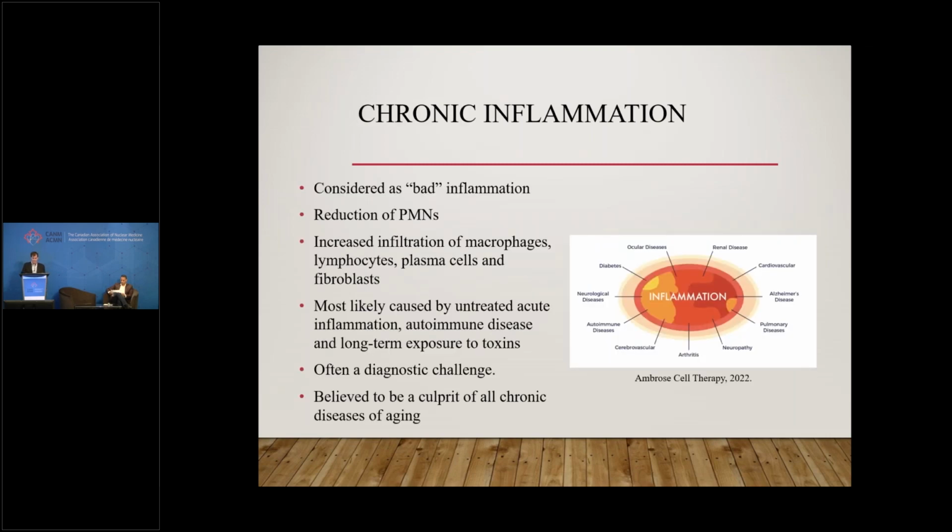And chronic inflammation is considered to be the bad inflammation, and you get reduction of PMN at the site of inflammation or infection, and macrophages, lymphocytes, plasma cells, and fibroblasts begin to predominate at the site of chronic inflammation instead of neutrophils.